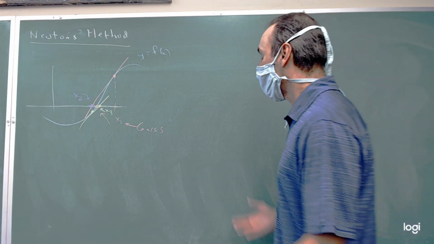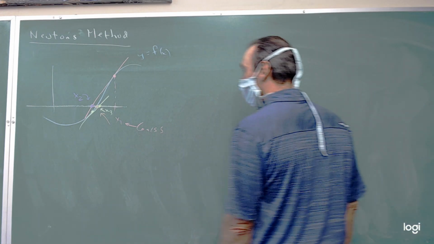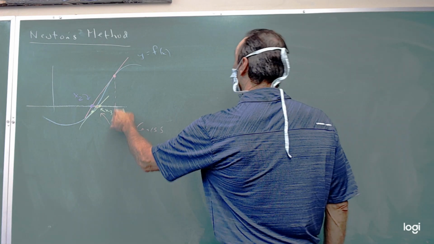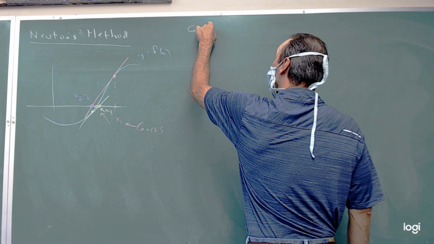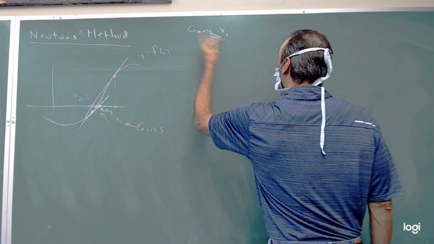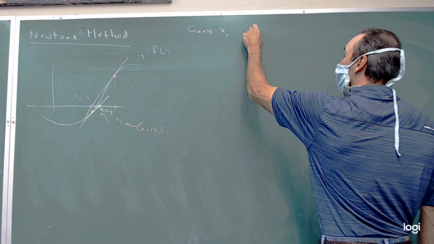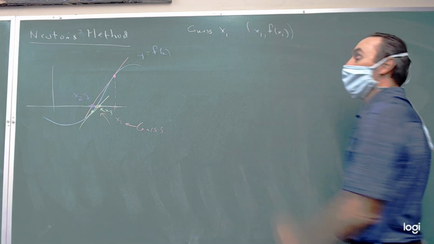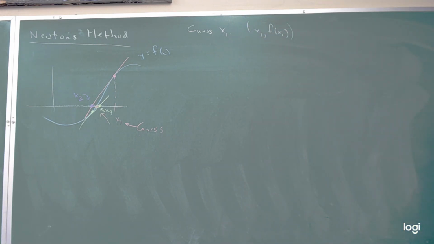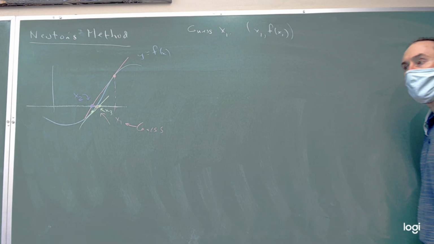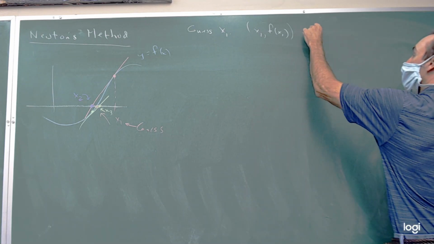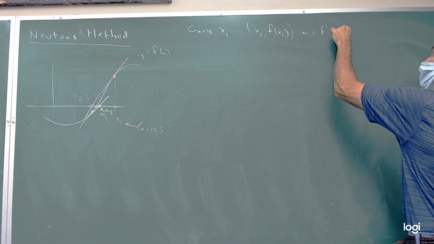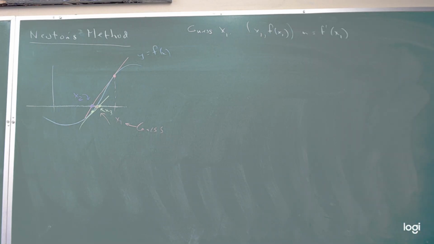Okay? So here's what it looks like. We have this first guess. We're going to guess our x of 1. Then we're going to find the tangent line. Well, let's see. We plug x1 into the function, so we get a y-coordinate of f of x of 1. And then we find the slope, and that's going to be the derivative evaluated at x of 1.